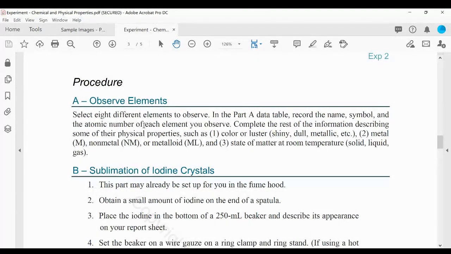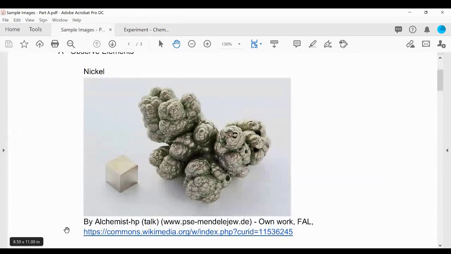There are some videos and some samples that we will have to look at that are provided in this lab. For example, part A. What is this about? Select 8 different elements. You're going to be given the different elements and you will have to observe them.